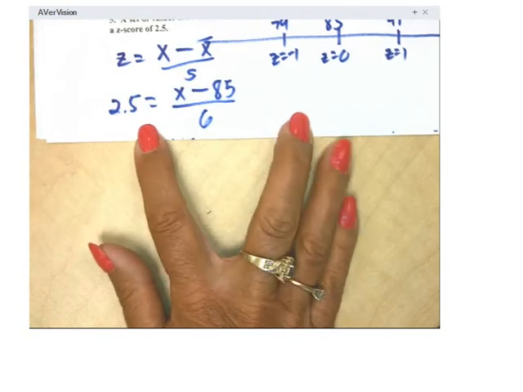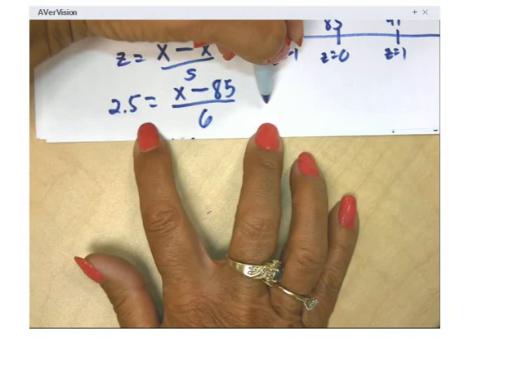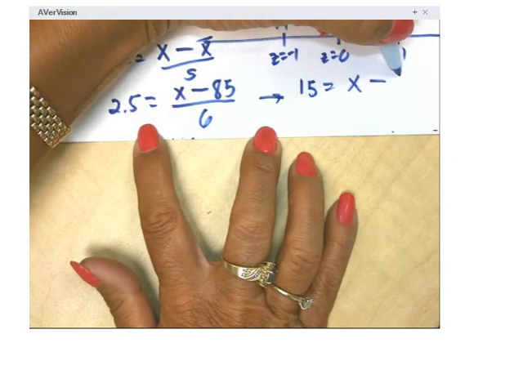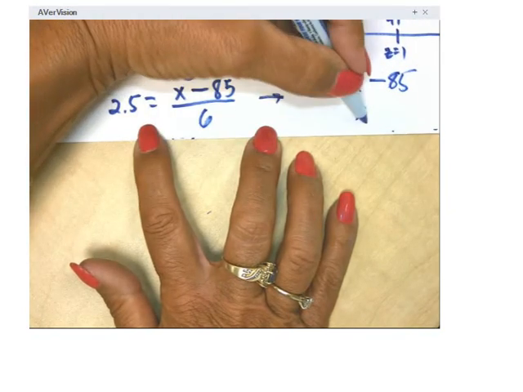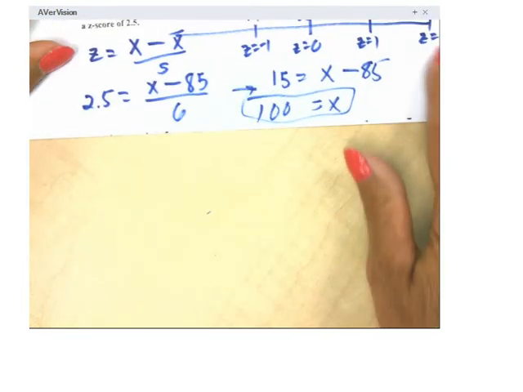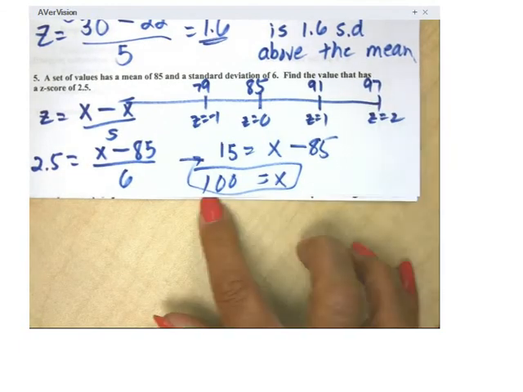So we know it's bigger than 97. But it's real slick if we just use this idea, and I'll use the sample mean here. We want the z-score to be 2.5. We don't know what that number is at that spot. We do know the mean is 85 for the data set, and we know the standard deviation is 6. We have a little equation, and all we have to do is solve it.